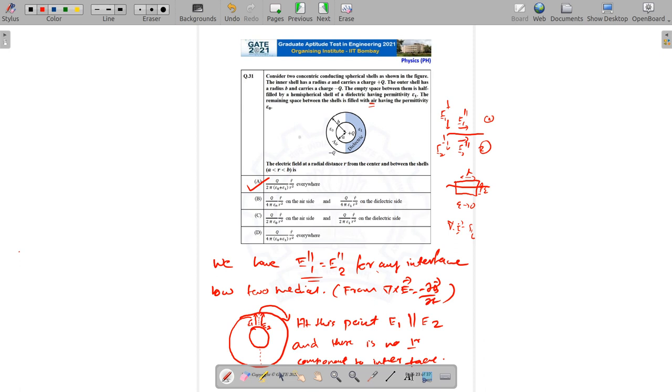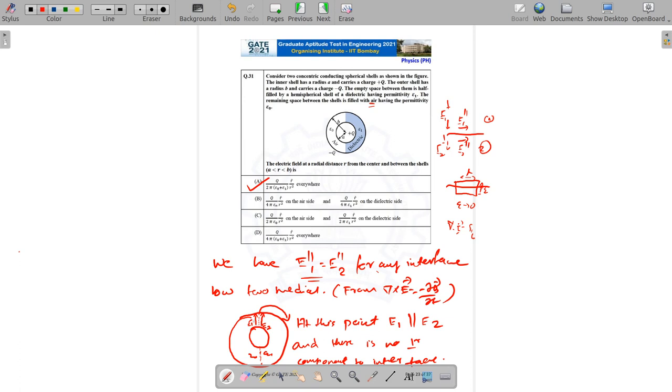So we have to use E1 parallel equals E2 parallel. In this interface between the two media, as I showed here, you have medium epsilon 1 here and epsilon 0 here, and you have the interface here. One fact you have to use is that the electric field will always be radially outwards for this kind of setup, because it is a spherically symmetric charge distribution.